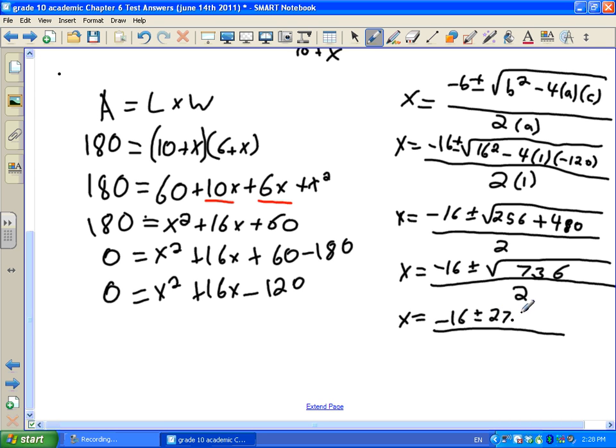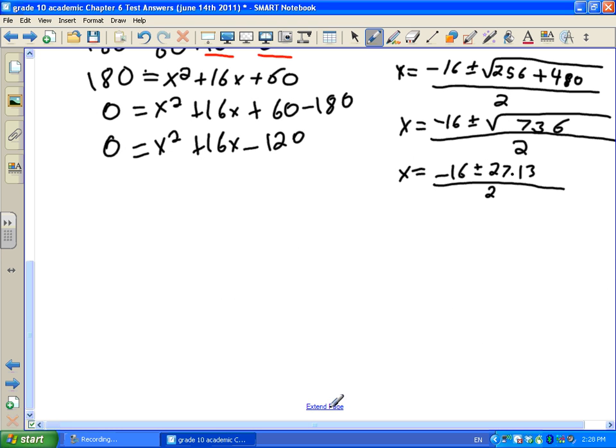We're just going to round it to 27.13, okay? Divided by 2. We rounded it to 2 decimal places, which is rather accurate. Now I split this equation. So I have one that says negative 16 plus 27.13 divided by 2, and the other one says negative 16 minus 27.13 divided by 2.